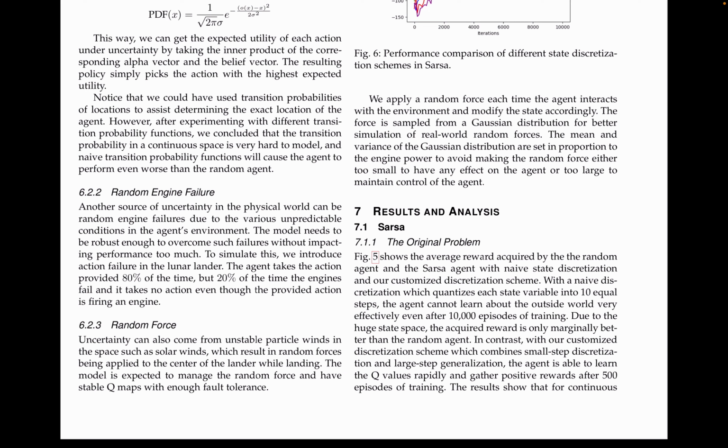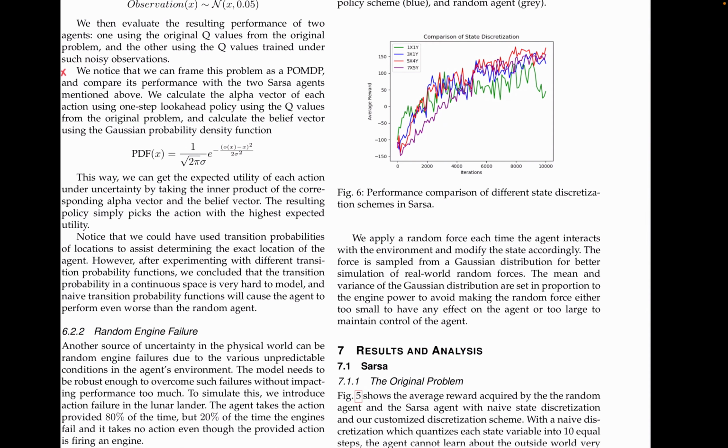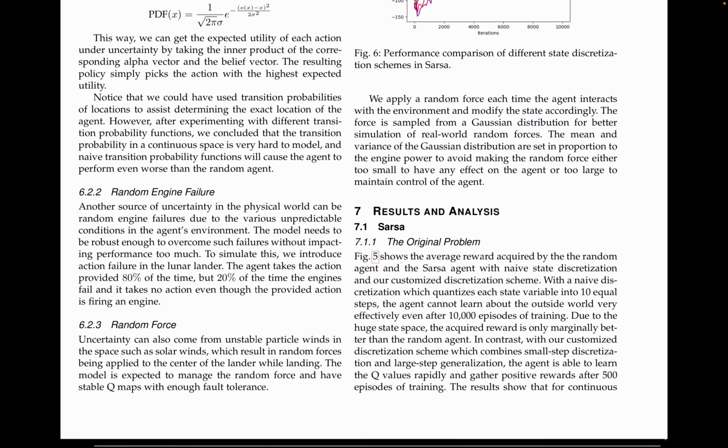Figure 5, which was just above this one, shows the average reward acquired by the random agent and the SARSA agent with naive state discretization and a customized discretization scheme. With the naive discretization, which quantizes each state variable to 10 equal steps, the agent cannot learn about the environment very effectively even after 10,000 steps, right?